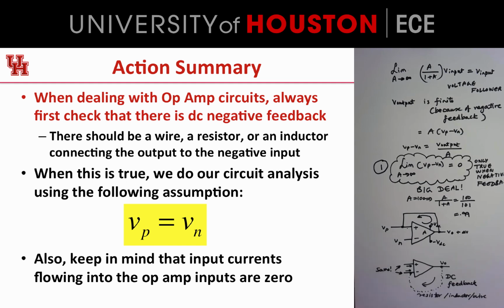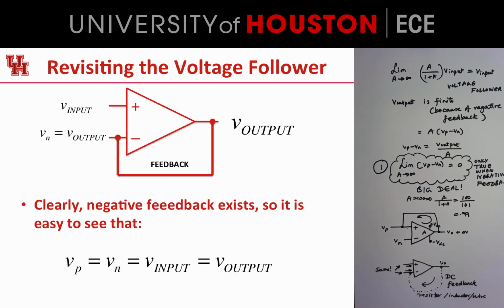So whenever we write down our Kirchhoff's current formulas, we know that this current is going to be 0 and this current is going to be 0. And that's mostly all there is to it. So let's work through a series of examples to get the hang of it.